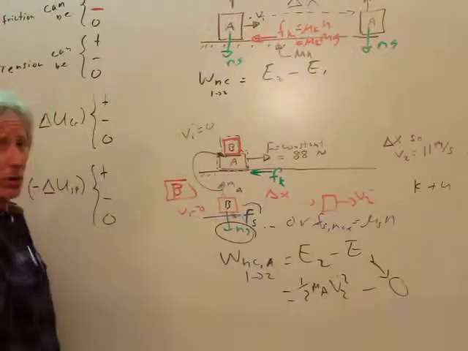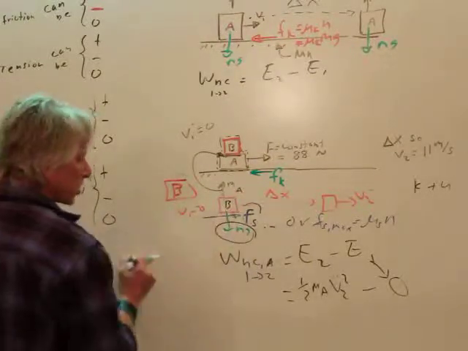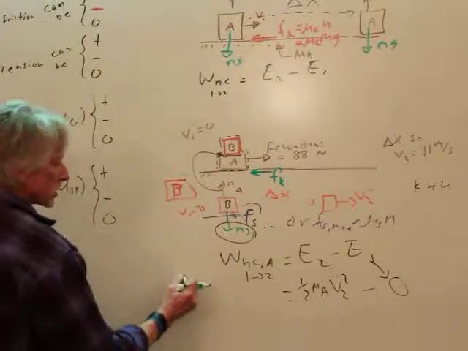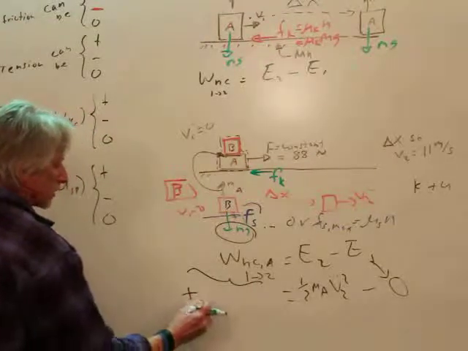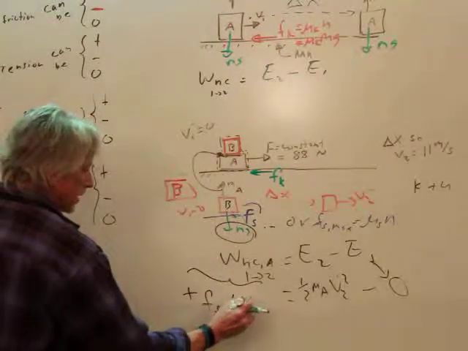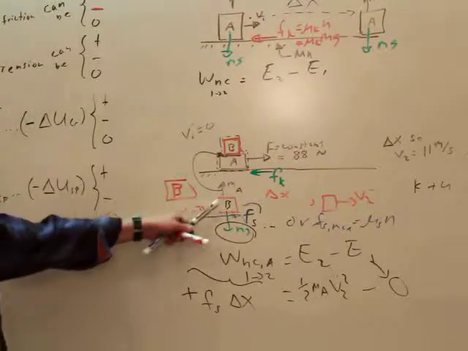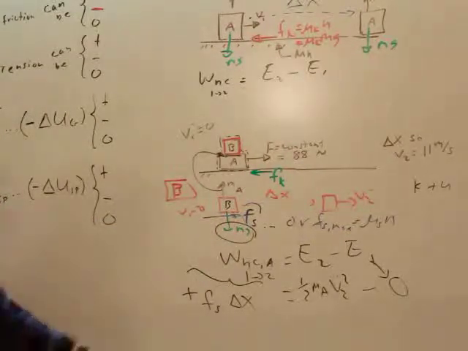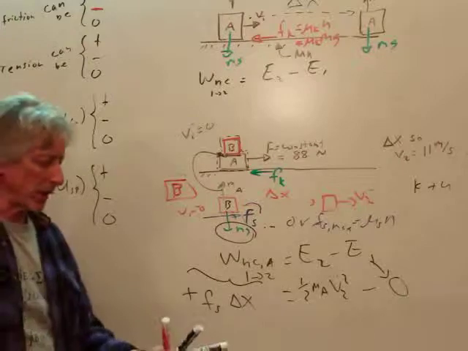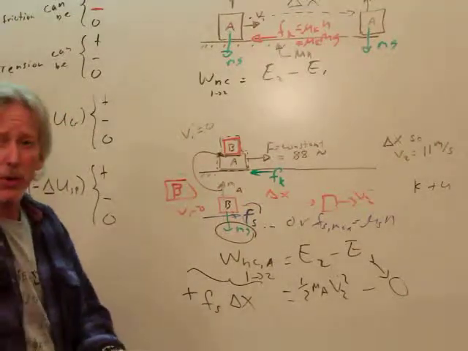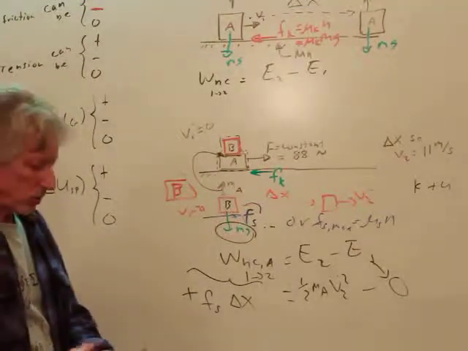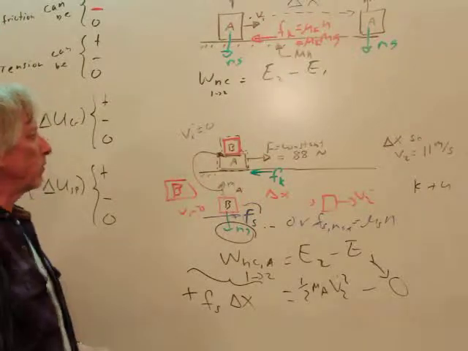This isn't doing any work. But the friction is, and the friction does the work of positive Fs delta x, doesn't it? Static friction is the thing increasing the speed. It's the force doing that. And yes, you can do all this with kinematics and force analysis because these are simpler problems that are ramping you up to use energy analysis in a more efficient way.